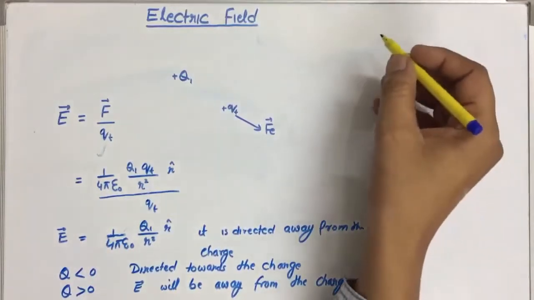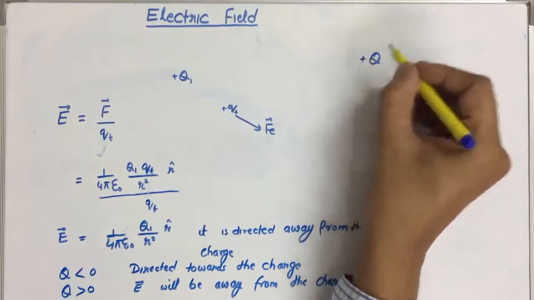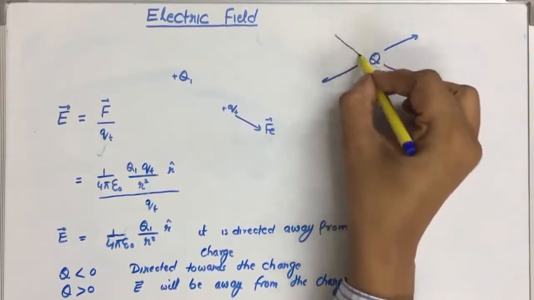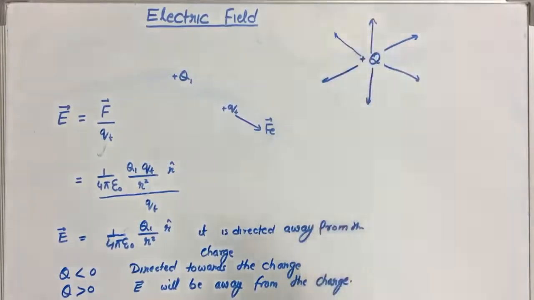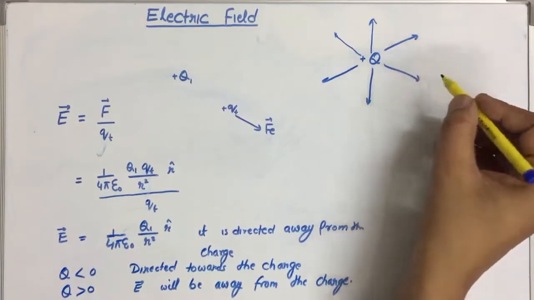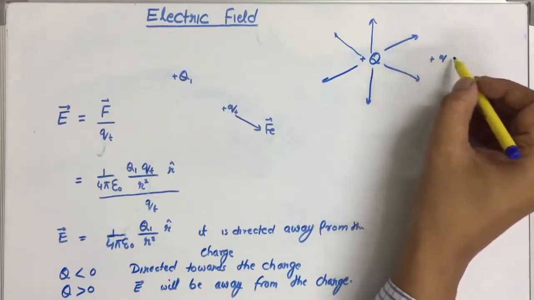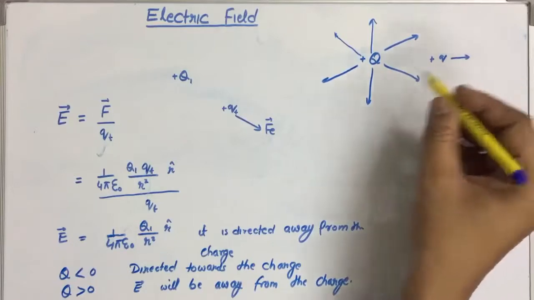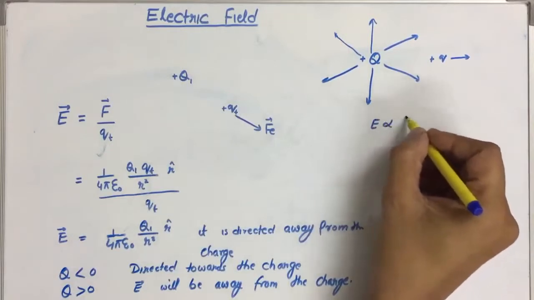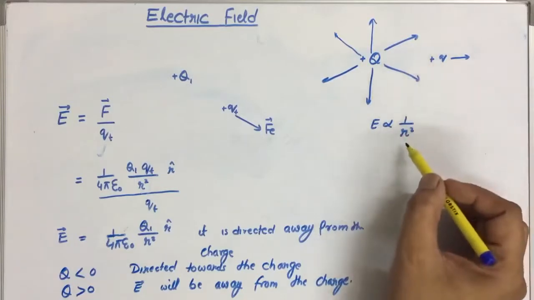When we draw the electric fields in terms of lines, for example, like this, these are the lines near to which any charge will experience a force, and as we came to know here, E is proportional to the distance between here to the test charge square.